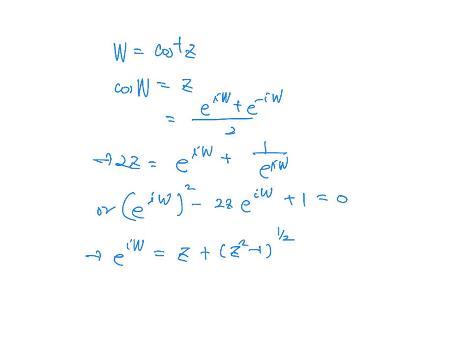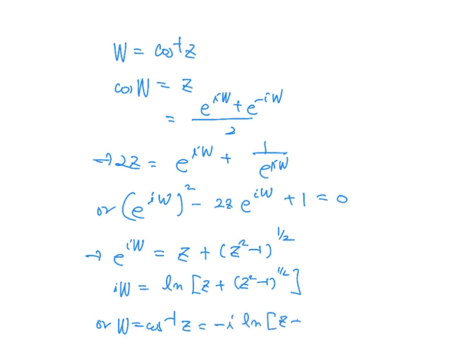I put the 1/2 intentionally. Then iw is ln of (z plus (z squared minus 1) to the half), or w, which is cosine inverse z, is minus i ln of (z plus (z squared minus 1) to the half).